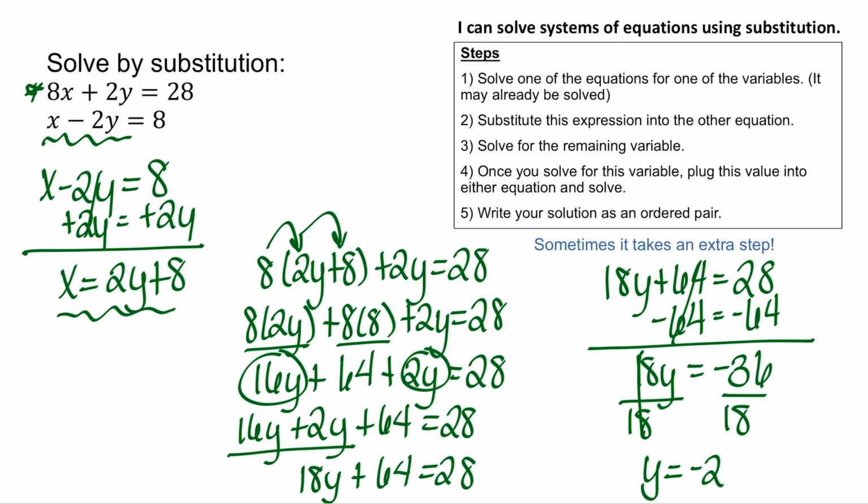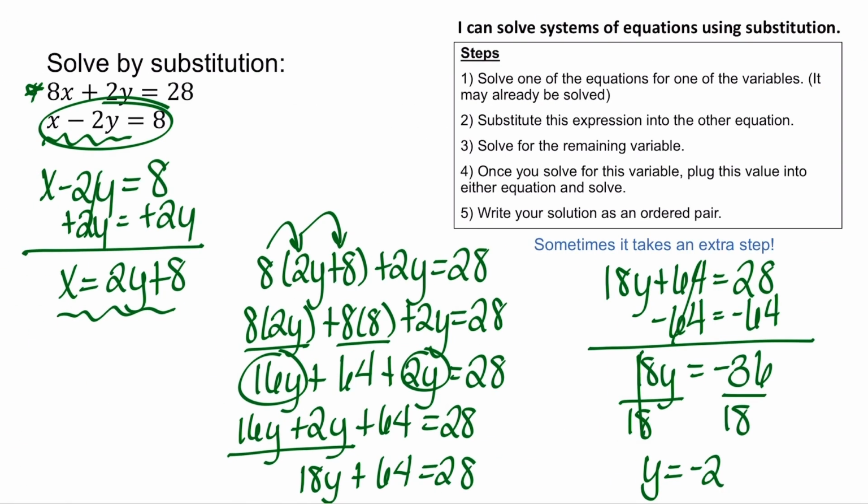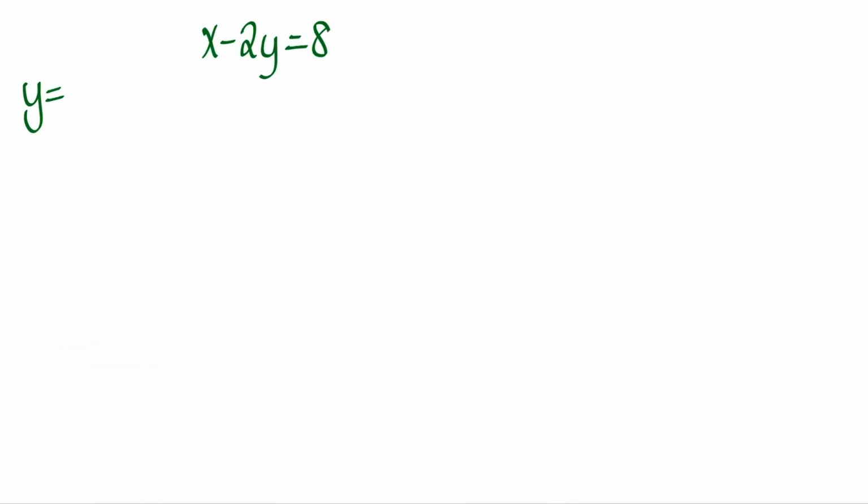I need to now figure out the value of x. So I'm going to use this equation, x minus 2y equals 8, with y equals negative 2. So I'm going to plug in here for y. So I have x minus 2 times negative 2 equals 8.